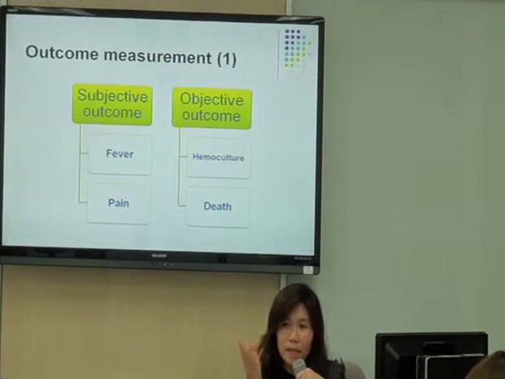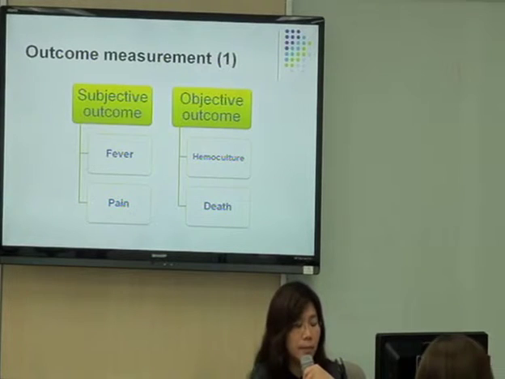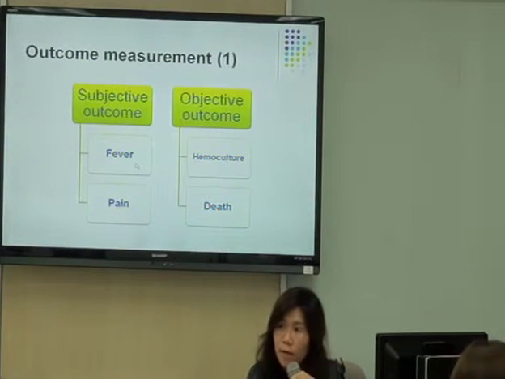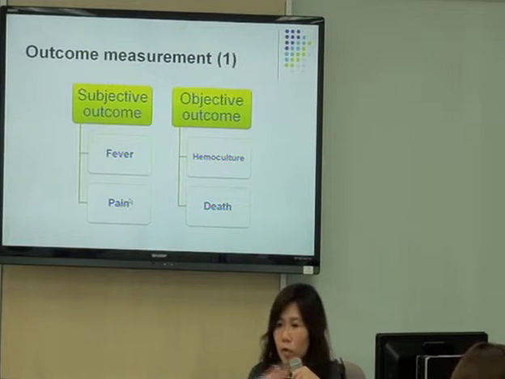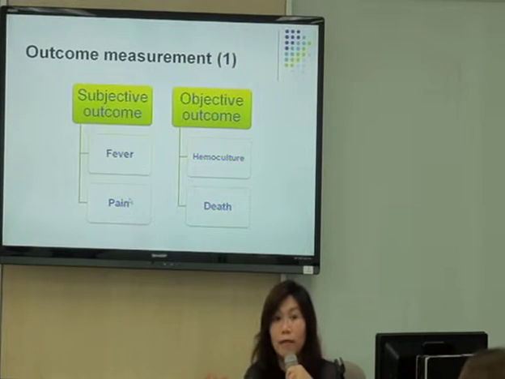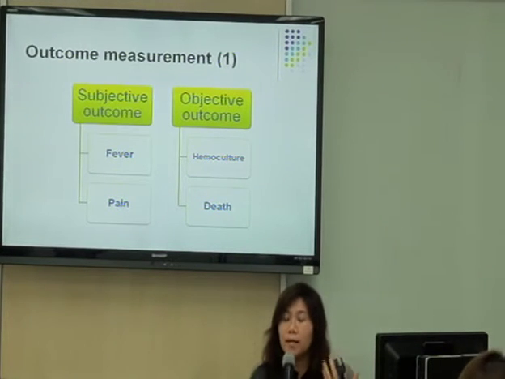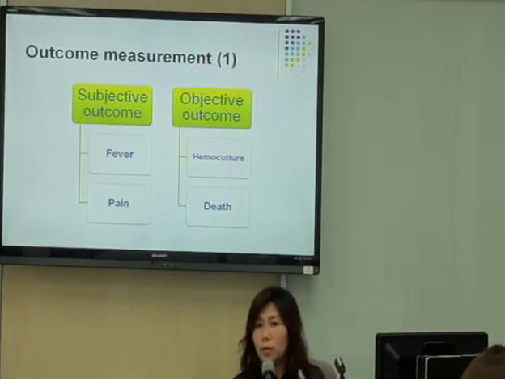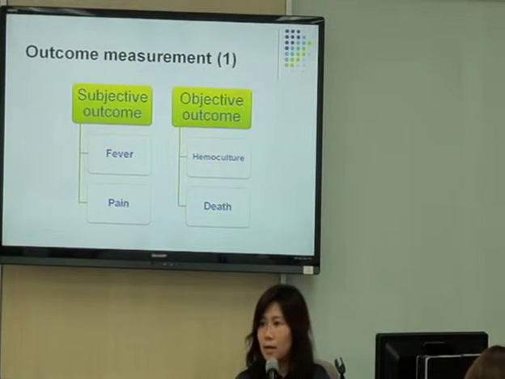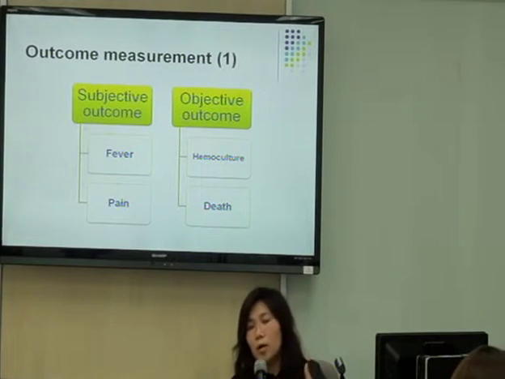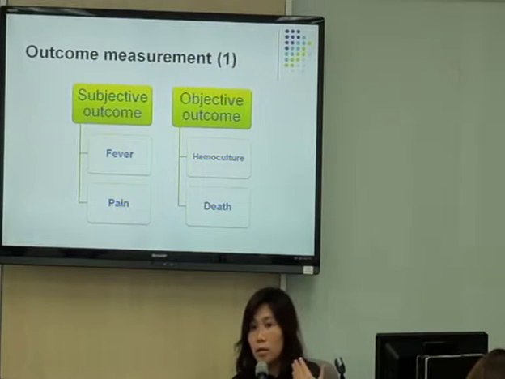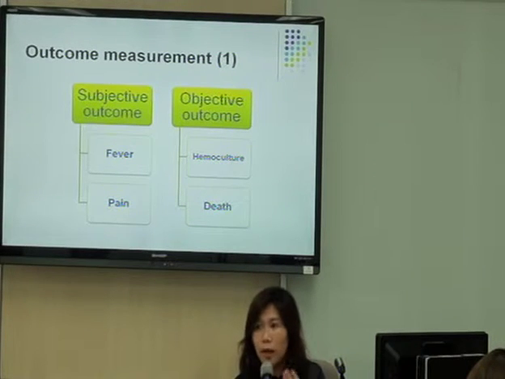First, they might be categorized as subjective outcomes. For example, developing fever, developing pain, having good quality of life, well-being. That is subjective. So it depends on who makes the adjudication, or who judges whether this is pain or not pain, right? Sometimes it's a questionnaire for the subject to report what they feel, how they grade the pain or the quality of life.